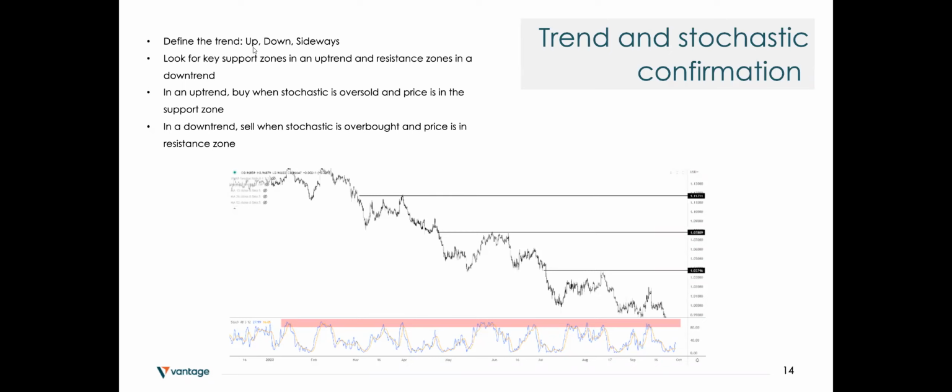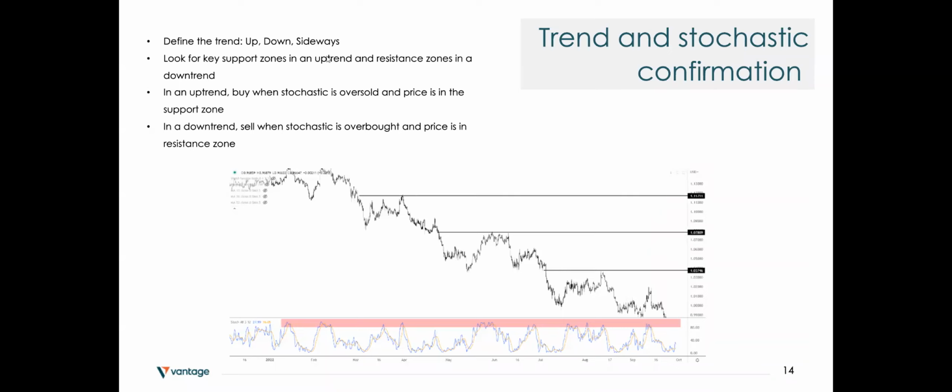In a downtrend, there'll be very few signals in the overbought region, due to the fact that prices are going in the opposite direction. So you need to identify the trend first, and once you have identified the trend, then the stochastic indicator can give you the confirmation to enter.